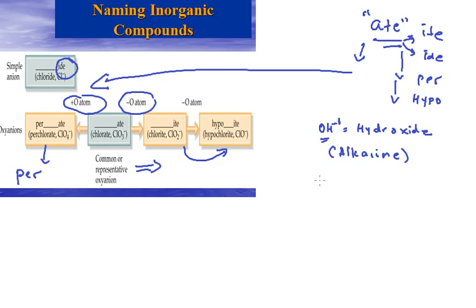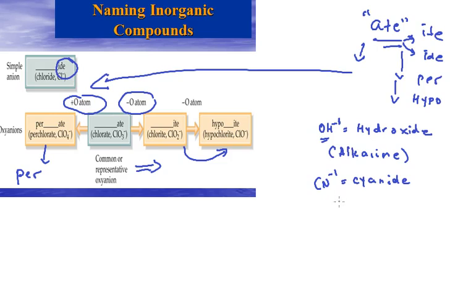We have a cyanide ion, CN-1. The cyanide ion also doesn't follow the rule of ATE and ITE. It's one of the poisonous compounds, but it's considered a common polyatomic ion. So hydroxide ion and the cyanide ion are also a part of the common representative ions.